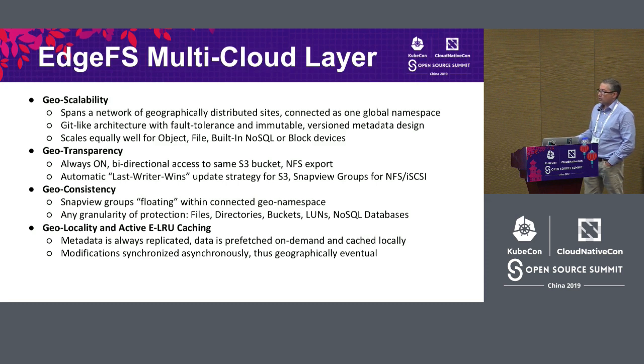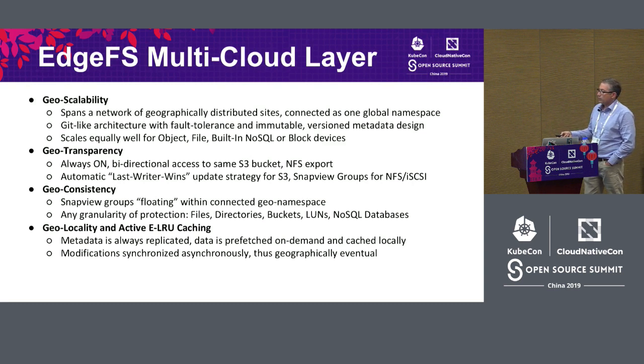It is always on. It is bidirectional access to the same S3 bucket or NFS export in different regions. It's an automatic last-writer-wins update strategy for S3 objects. What it means is, if there are two users or applications updating the same S3 object, the last writer will have preference if versioning is not enabled for that particular bucket.